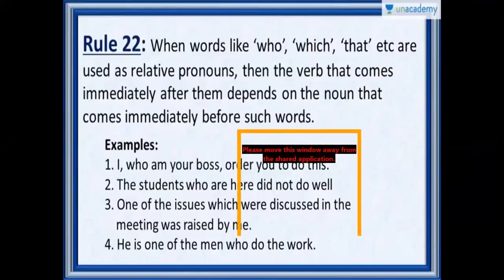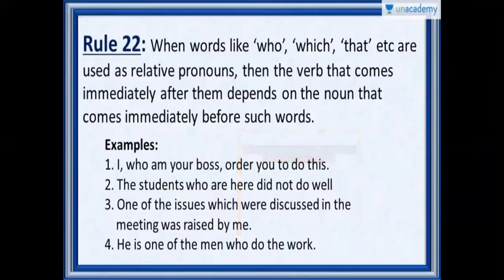If that subject is plural, the verb will be plural. So remember, if you have what, which, when, who and all in the sentences, they are called relative pronouns. They are used instead of the nouns. So, which noun are they representing? If that noun is singular before it, then the verb is singular. If the noun is plural before it, then the verb is plural. Okay, this is a bit complicated rule, but you understand.